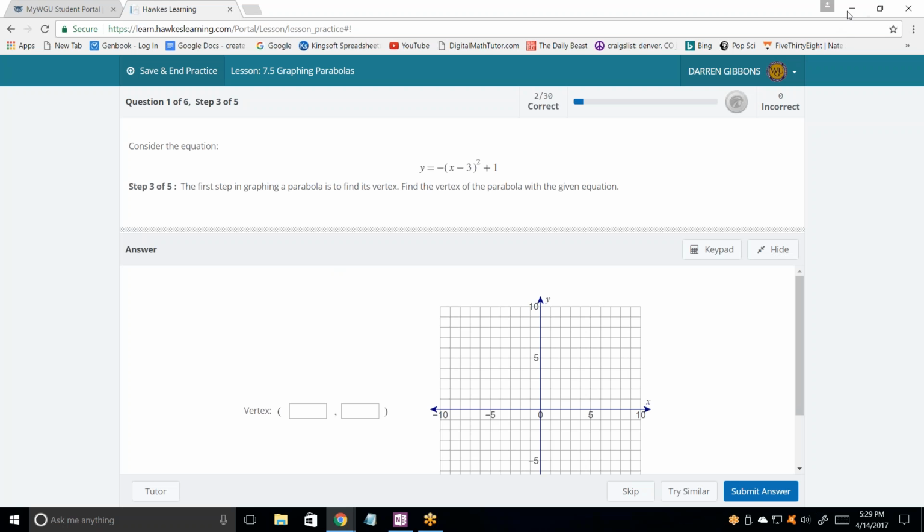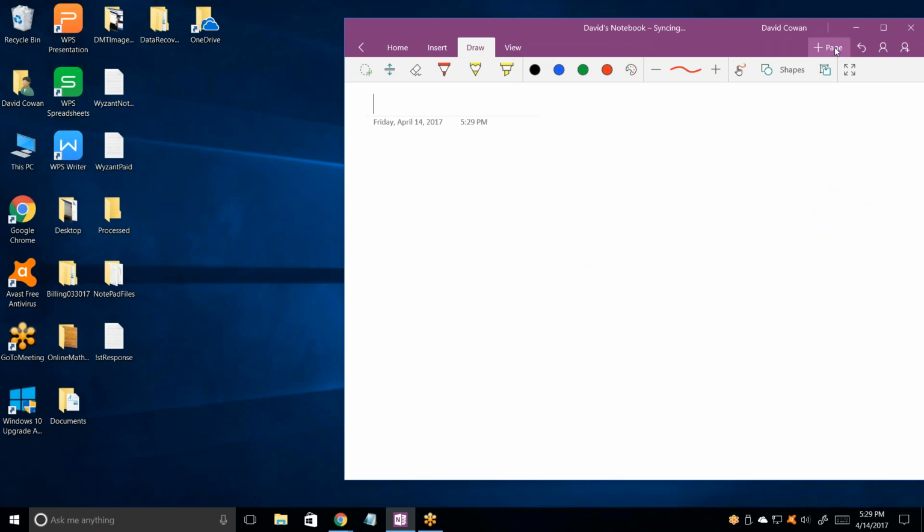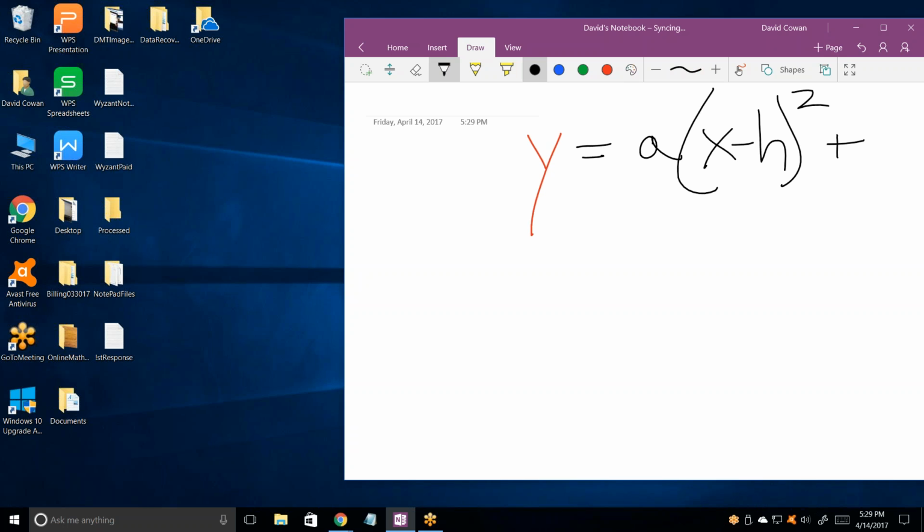This is in vertex format. Let's talk about vertex format for a quadratic: y equals a times (x minus h) squared plus some d, we'll call it. Now, a, if it's greater than 1, is a vertical stretch factor.